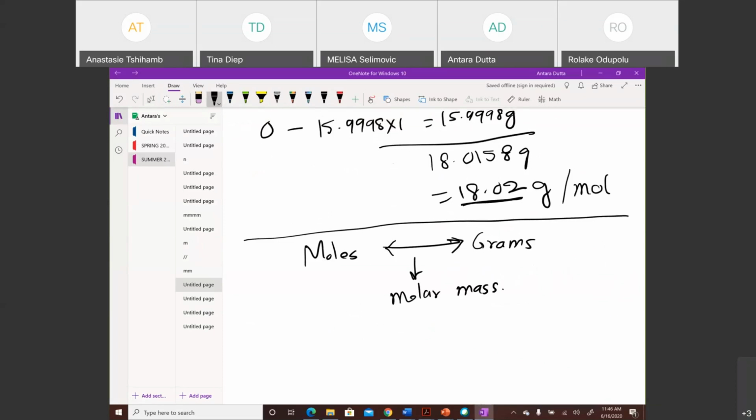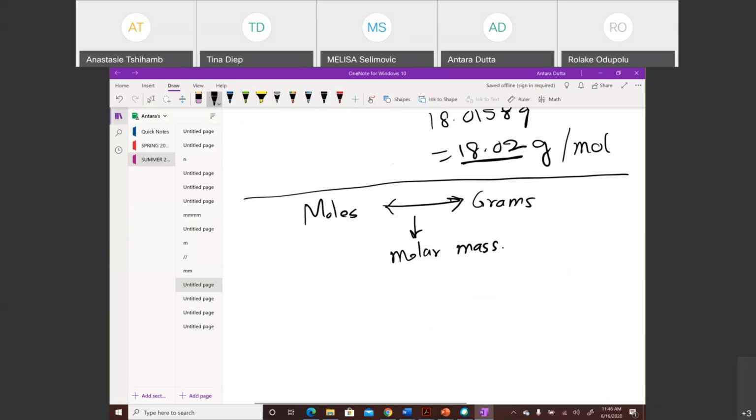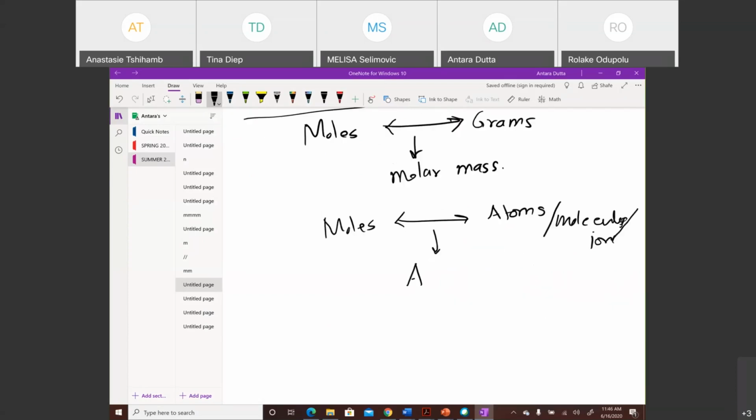This is how I learned stoichiometry. So whenever I'm given moles and I have to convert to grams, or grams to moles, I will use the conversion factor molar mass. Whenever I'm given moles and I have to convert to atoms, molecules, or ions, or vice versa, I will use the conversion factor Avogadro number.